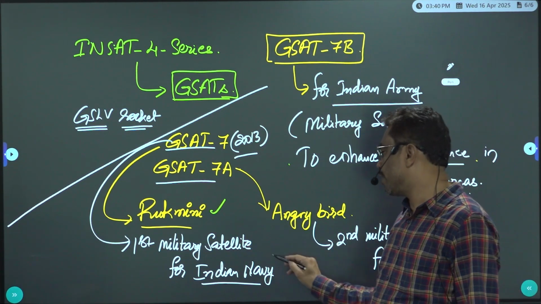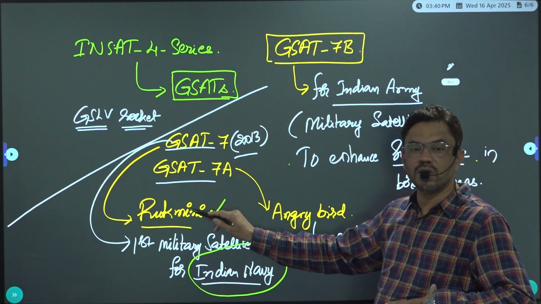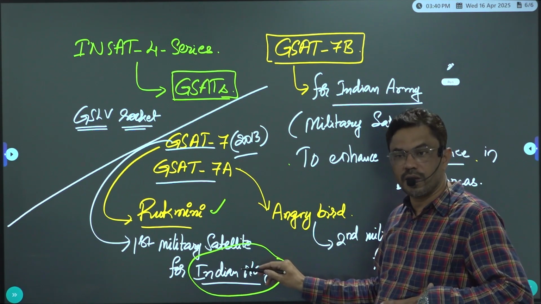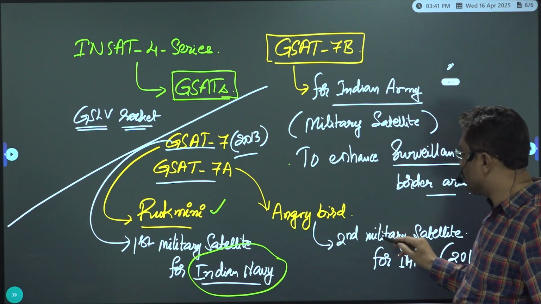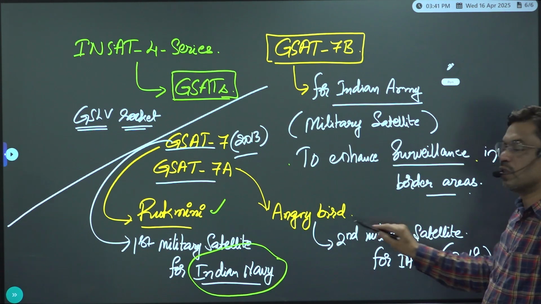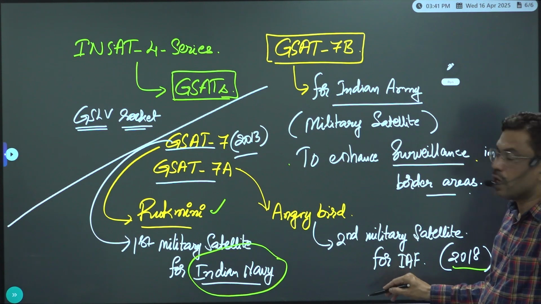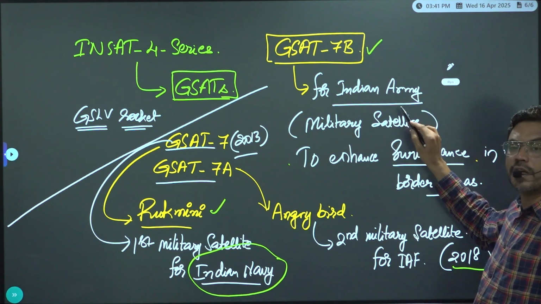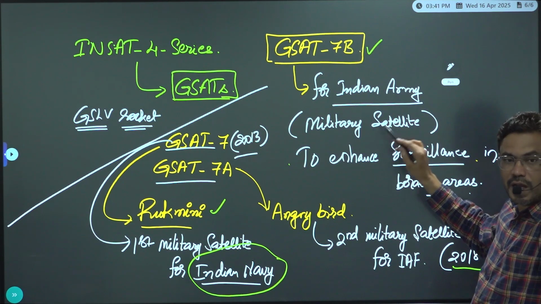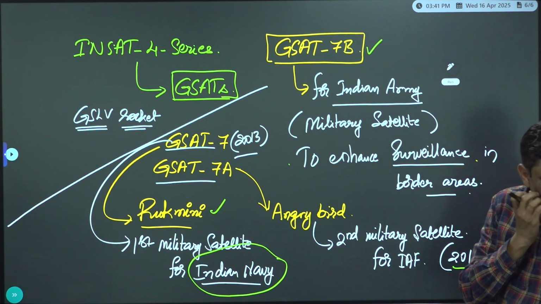GSAT 7A was launched in 2018, the second military satellite, for the Indian Air Force. And GSAT-7B is not yet launched; it is dedicated for the Indian Army to enhance surveillance operations in border areas. So these are the three military satellites.